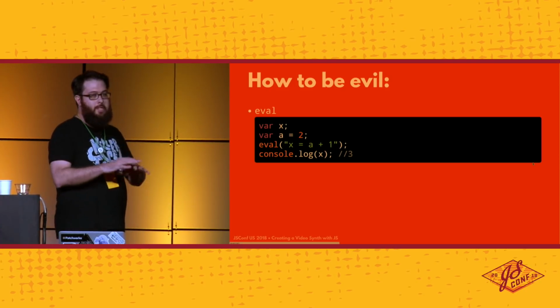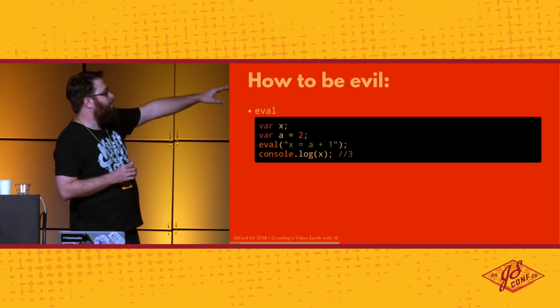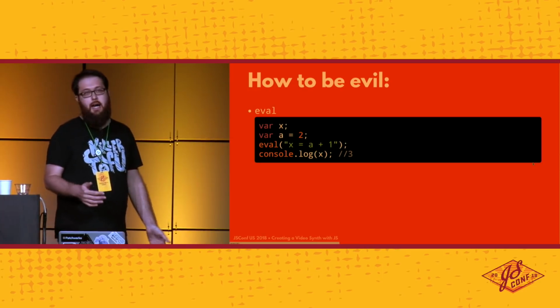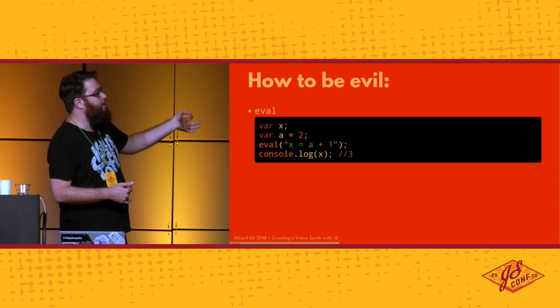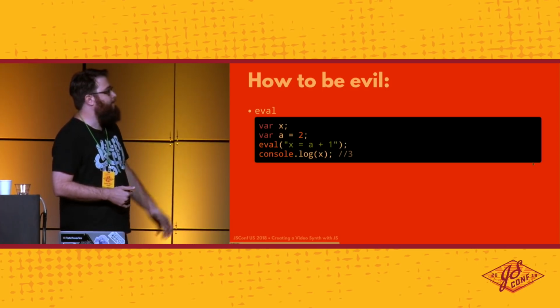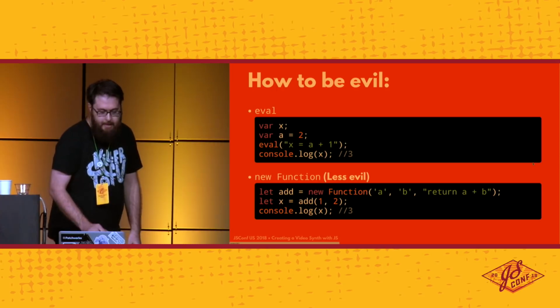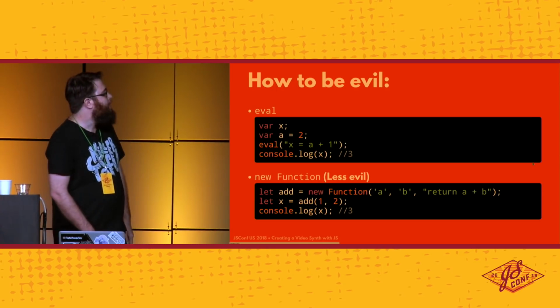Eval, maybe you've avoided it for so long you actually don't know how it works. You can give it a string of text, and that will be parsed as JavaScript at runtime, and then you'll get back, for example, here I'm setting the value of x, I can then get that value back out. And how to be a little bit less evil is you can use new Function, which is actually what I am using.